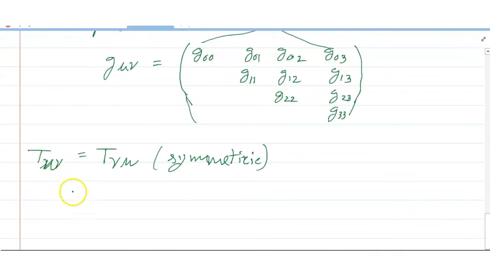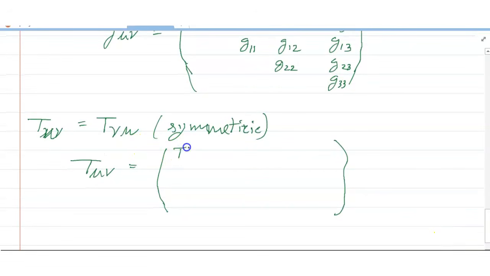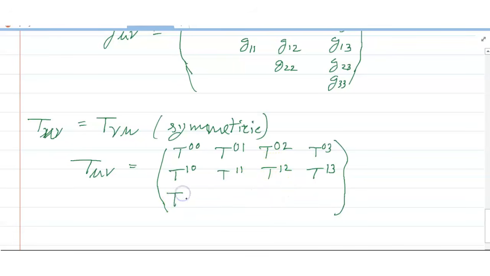So T mu nu can be written this way, in matrix form: T 00, T 01, T 02, T 03, T 11, T 12, T 13, T 20, T 21.